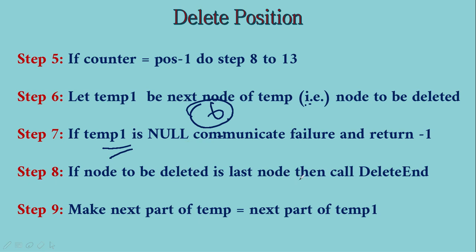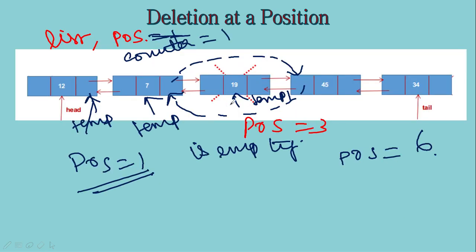If the node to be deleted is the last one, this is also a special case because we have to change the tail and so on. How can we find that out? If temp1 equals tail, then we are trying to delete the last node. In that case, you call the delete end function. Otherwise you make next part of temp equal to next part of temp1, as you can see in the diagram. And for the previous part, how will you refer to it?